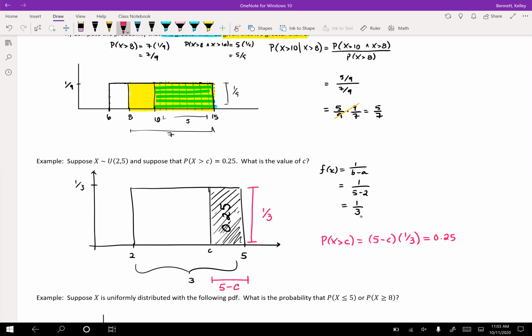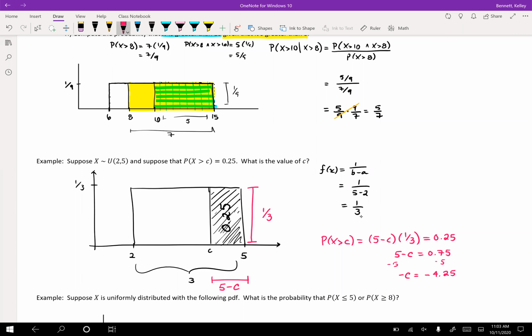And so now I just want to solve this for C. The first thing I'm going to do is multiply by 3 to clear out this 1/3, or you can think about it as dividing by 1/3. So I'm going to have 5 minus C equals 0.75. Now I'm going to solve for C. I'm going to subtract 5 from each side, so I get negative C equals negative 4.25.